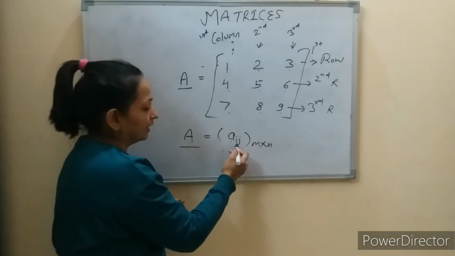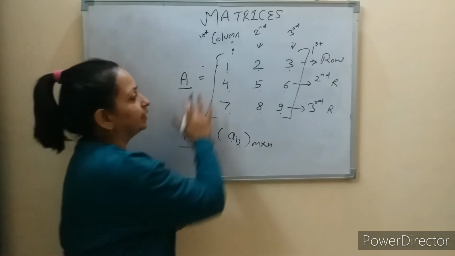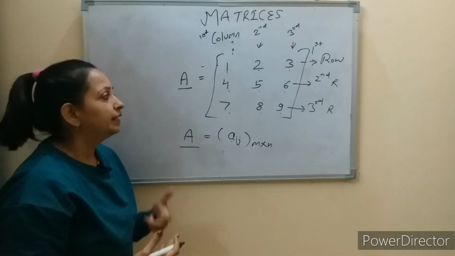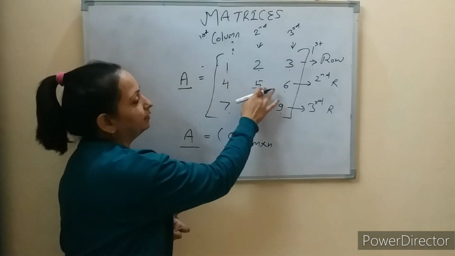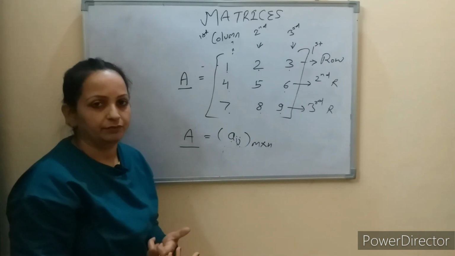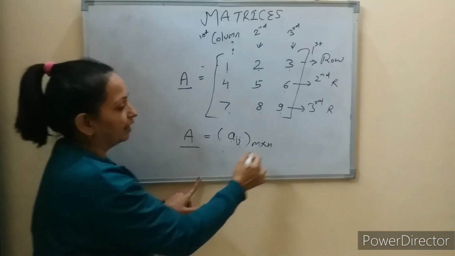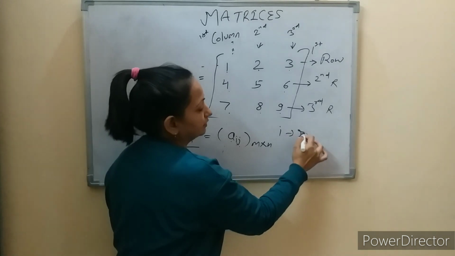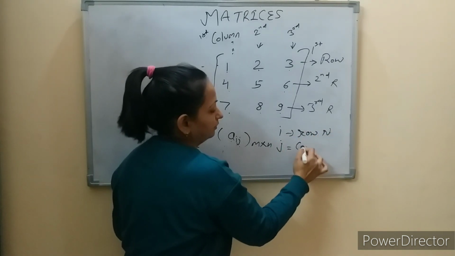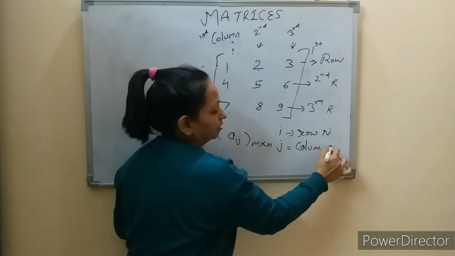Then what is Ij here? As we are generalizing the variable name as small a, we have to specify each element. So we are specifying each element with their location. Just like I and J, I here is the row number of the element and J here is the column number.